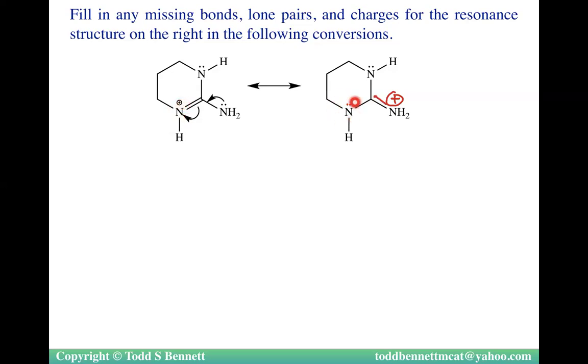Here it has a lone pair and 3 bonds, so octet. This one has 2 H's, so 2 bonds plus a bond to carbon, 3 bonds and a lone pair set. 2 bonds and 2 bonds to H, so 4. Everything's octet. Okay, it has a charge, so we're stuck with it. We can't minimize the charges. Plus is there. And then the last one, put it where it can best be facilitated.